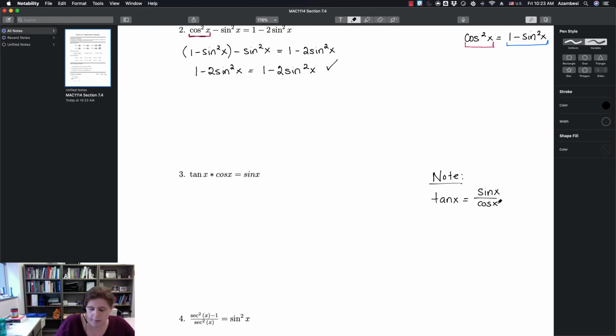So I'm going to rewrite my tangent as sine over cosine. So sine of x over cosine of x times cosine of x is equal to sine of x. Canceling our cosines, I get sine of x is equal to sine of x, and that is true.